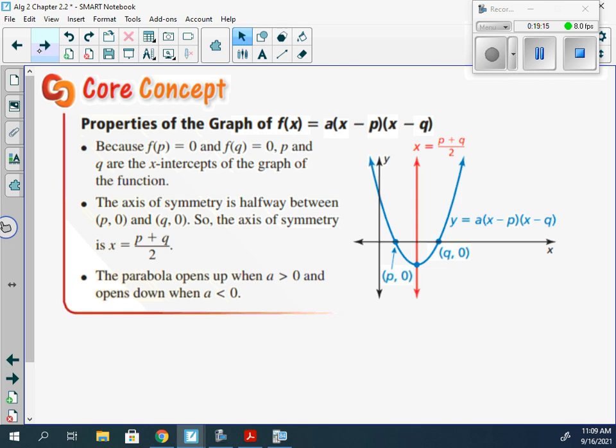Now the axis of symmetry is going to be halfway between these 2 points, these 2 intercepts. So if we want to find the axis of symmetry, x is going to equal p plus q divided by 2. And the vertex is going to be p plus q divided by 2, comma, f of p plus q divided by 2.